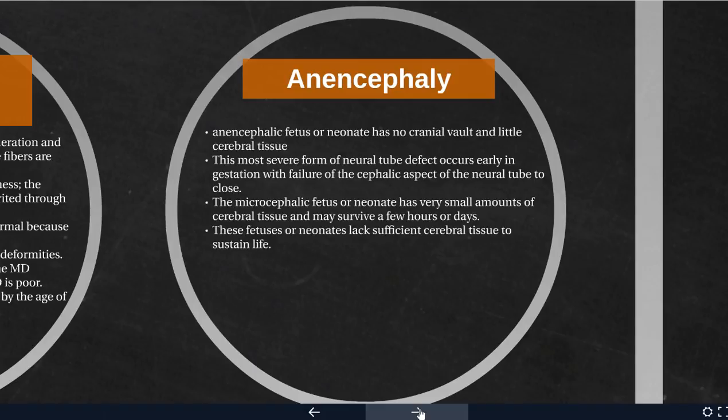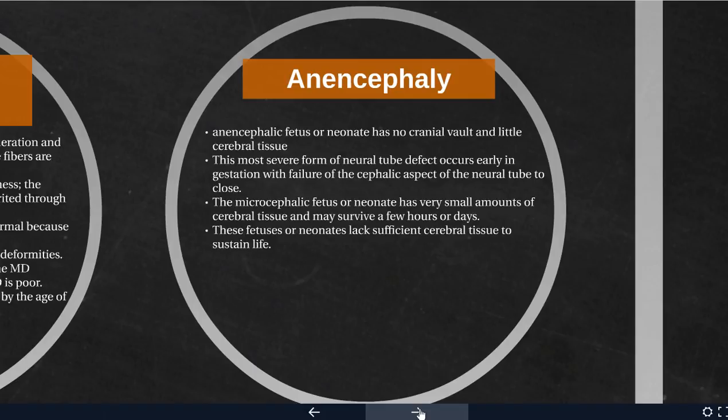So what happens is the baby doesn't develop a brain or a cranium, or if they do, it doesn't form fully on the back of the head. There is something called microcephalic fetus, and that fetus or neonate has a very small amount of cerebral tissue and may survive a few hours or days.